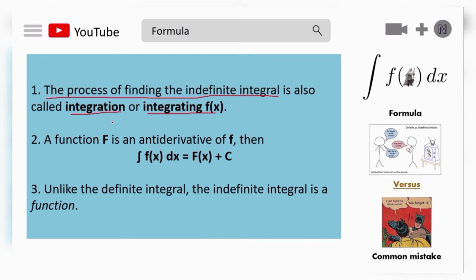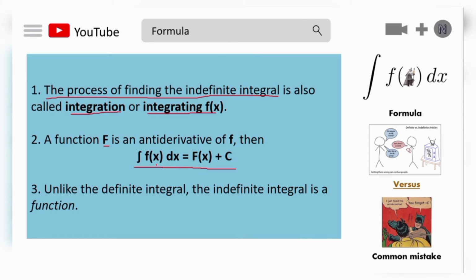Number 2: a function F is an antiderivative of f. As we know from the introduction, the integral of f(x) dx equals F(x) plus c.